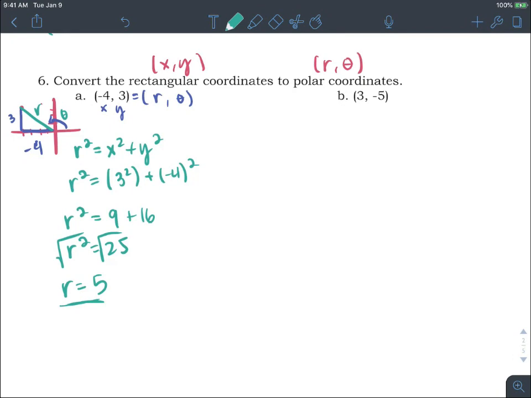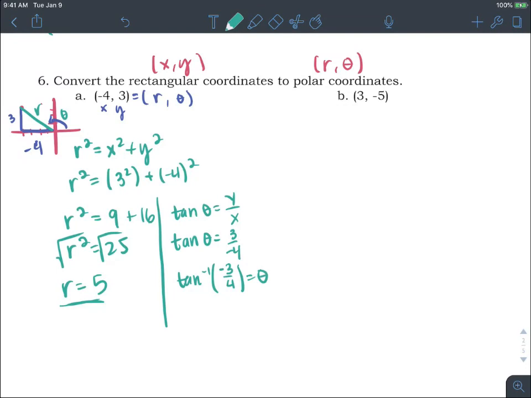Now we need to figure out theta. I remember that I can use the tangent of theta is equal to y over x, just like we did for vectors. So tangent of theta is equal to 3 over negative 4. So tan inverse of negative 3 over 4 is equal to theta.